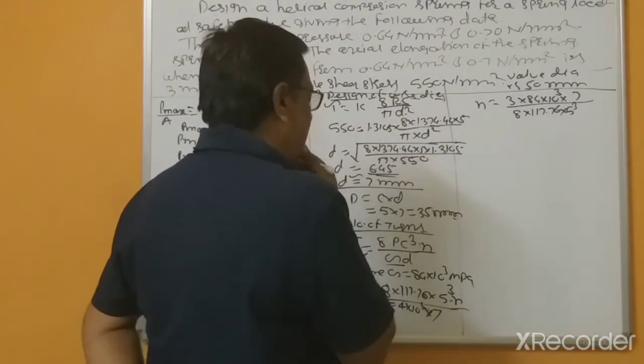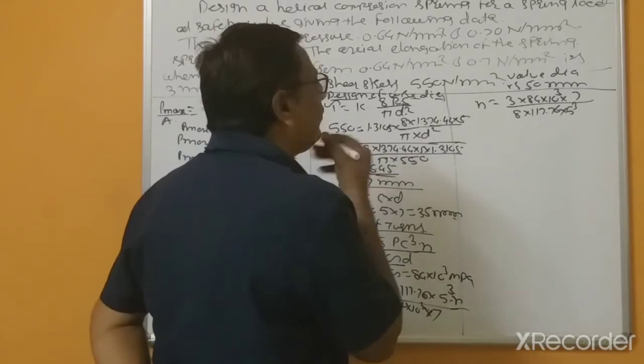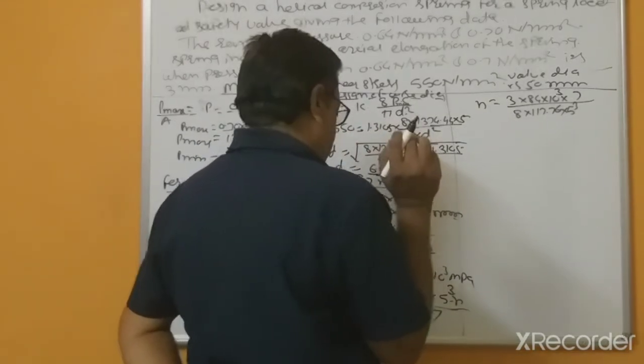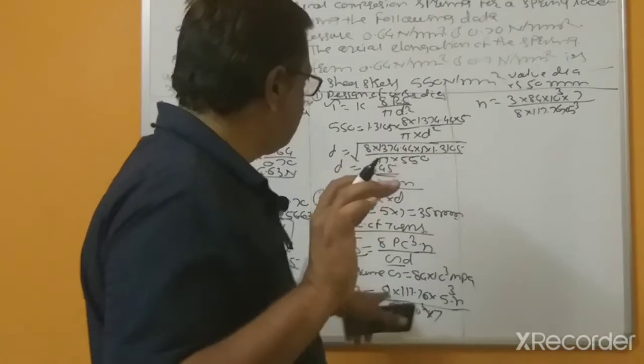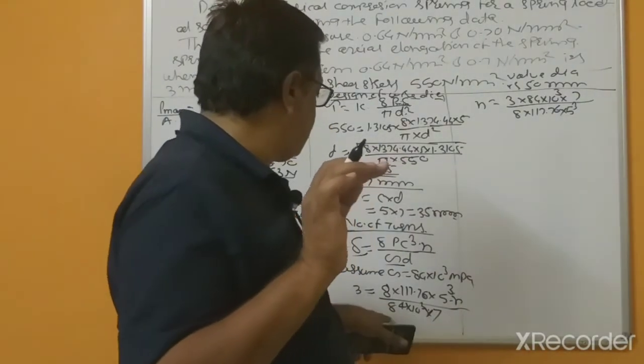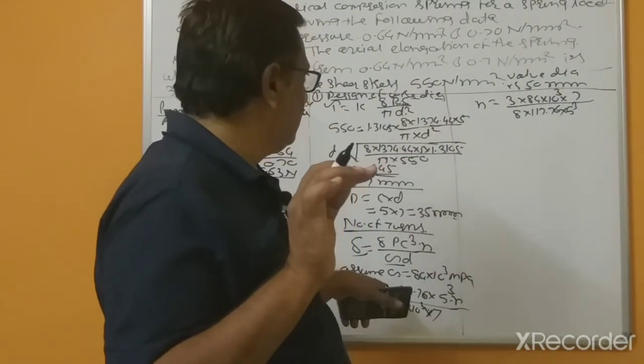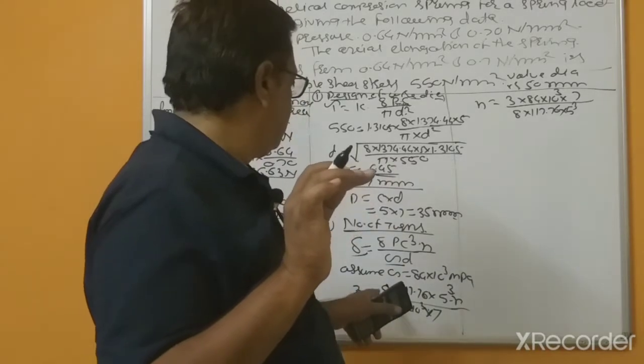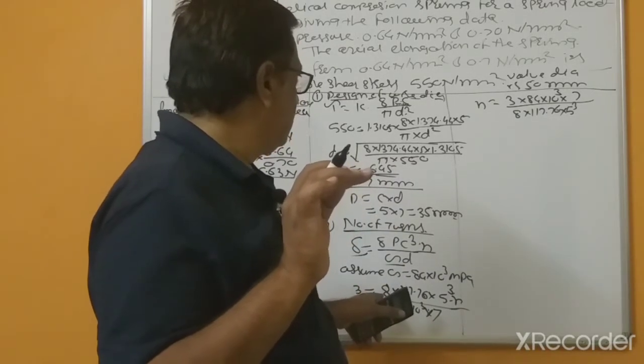Is something missing? No. So all these 3 parameters are in the numerator and these 2 parameters in the denominator, right.